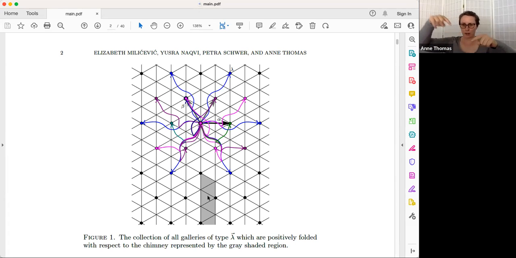So you're starting with a gallery and you apply a retraction and it ends up possibly folded back on itself or tipped over the entire way, and you get what's called a folded gallery. So retractions and folded galleries go together. Folded galleries have been studied under various names by various people in algebraic combinatorics, Gaussent and Littelmann in particular, also Arun Ram.